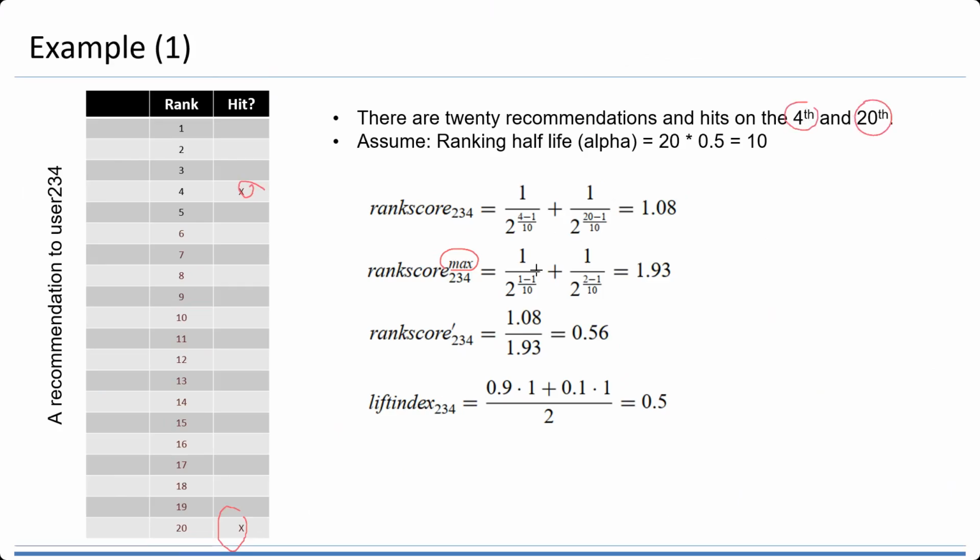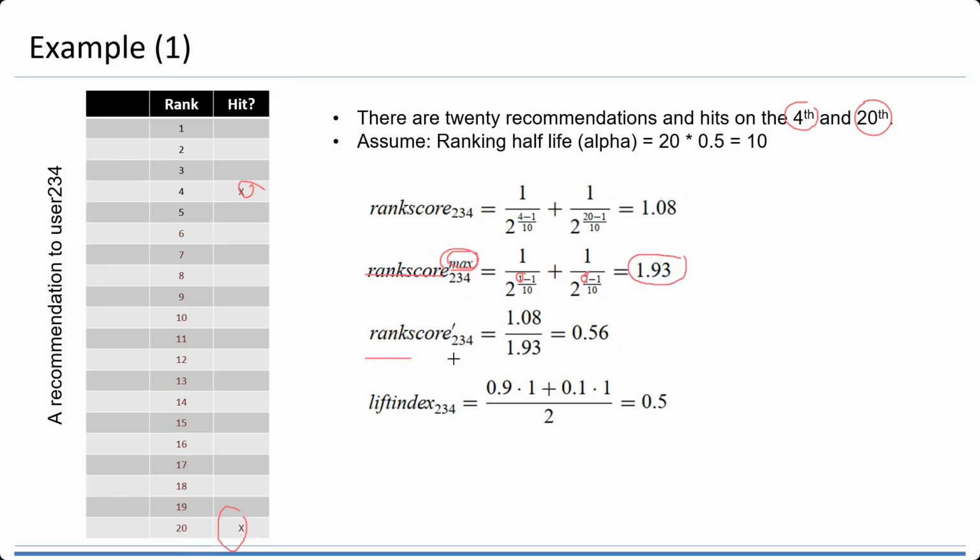So suppose those 2 items are in rank number 1 and the second item is in rank number 2. What is the maximum value of the rank score? The maximum value is 1.93.